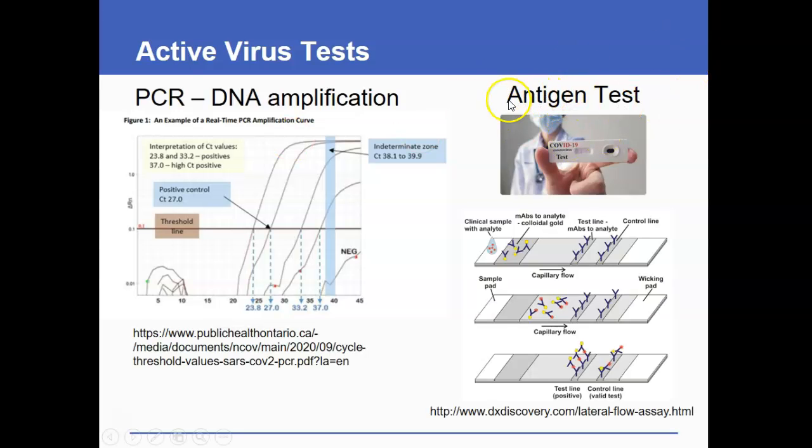But there's also what we call these antigen tests. Now these antigen tests aren't looking for viral DNA, they're looking for viral proteins, where you have these lateral flow, essentially pieces of paper, you can think about it, that have been coated with different antibodies.